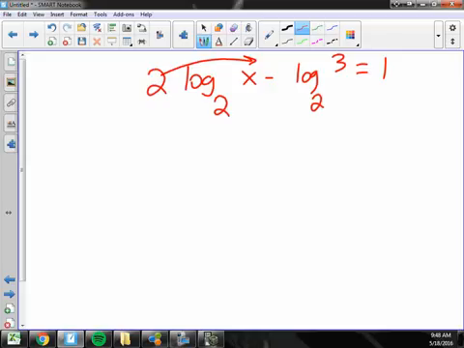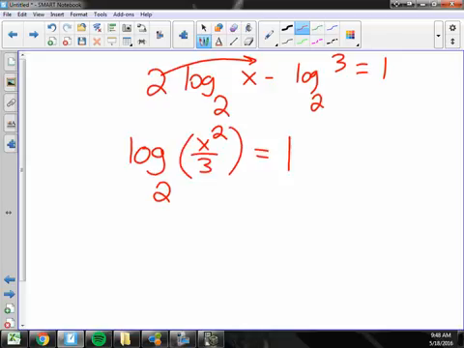And then we use the quotient rule. Log base 2 of x squared over 3 is equal to 1. So 2 to the first equals x squared over 3. So I multiply by 3. I get x squared equals 6.